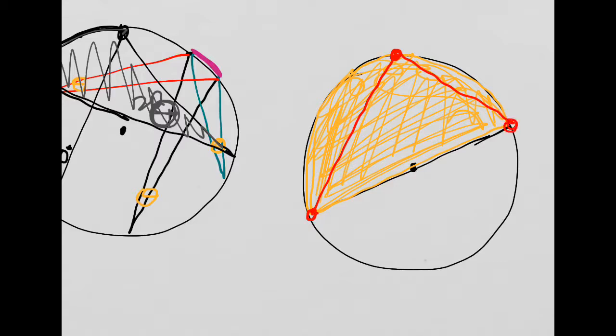No matter how I create this, it's always going to be a right angle. Any inscribed angle inside of that half of a circle, the semicircle, is going to be a right angle. I could come way over here and it's still a right angle. Any vertex that you choose, no matter where you pick, is going to still create a right angle. That's a really neat property about having some angle inside of a semicircle.